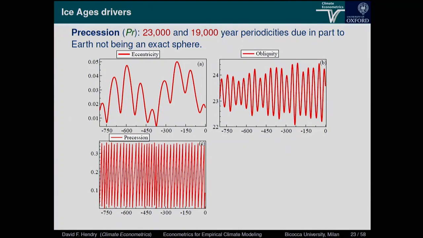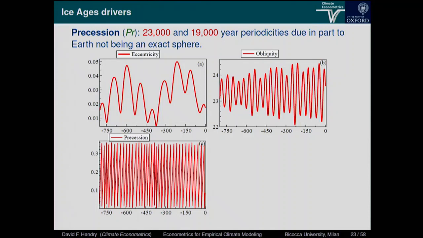The precession, which is due to the Earth not being an exact sphere, operates so that if the winter season is when the Earth is furthest from the sun in the northern hemisphere, which is why we get, the southern hemisphere at the moment is like that, so it gets colder winters and warmer summers.